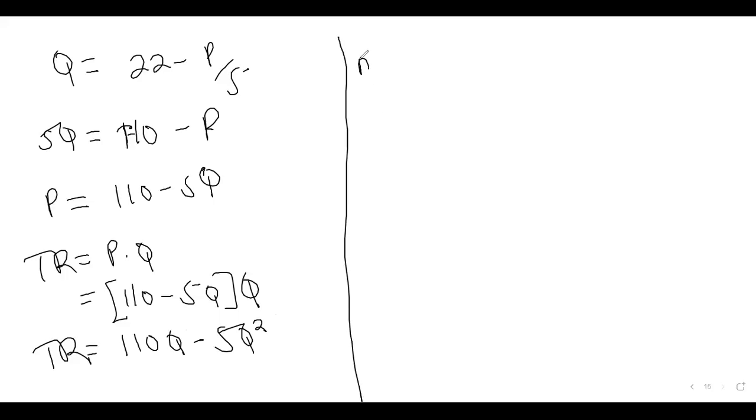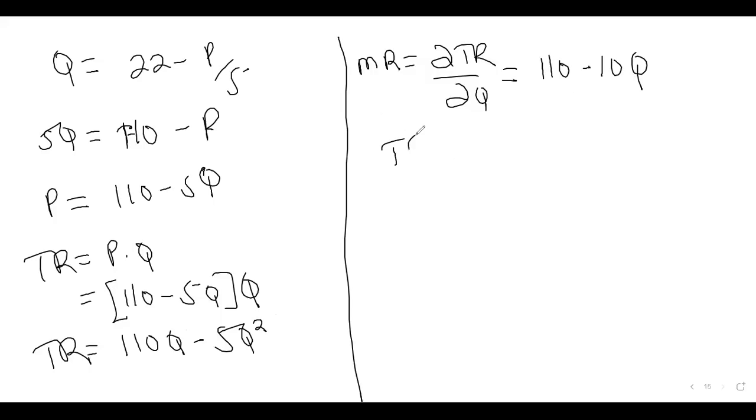Now, marginal revenue is the change in total revenue over the change in quantity, and that gives us 110 minus 10Q when you differentiate. The question says total cost is equal to 100 minus 10Q plus Q squared.